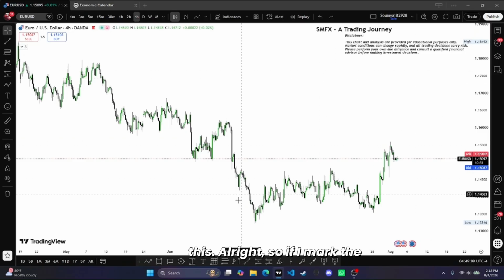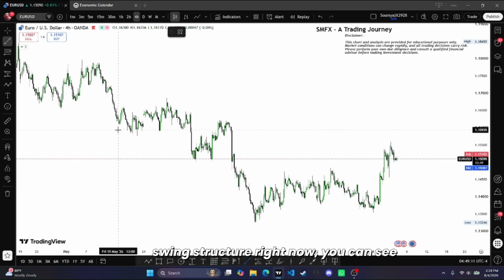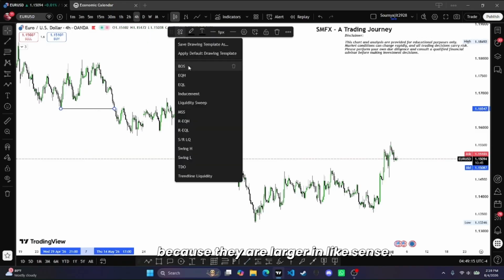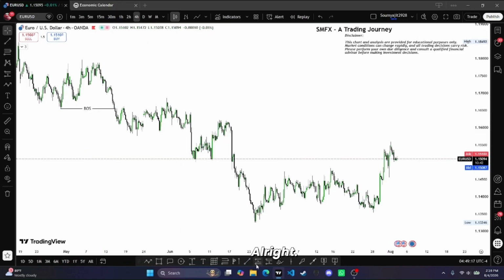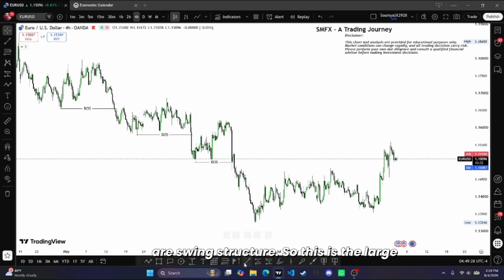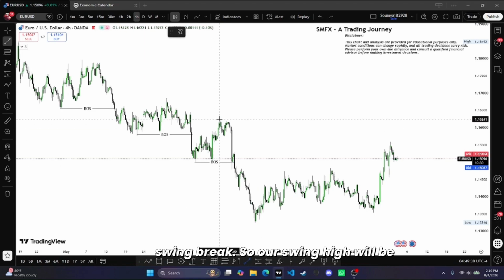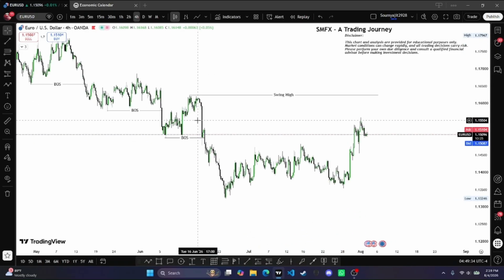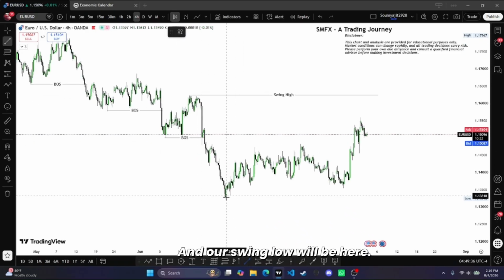So if I mark the swing structure right now, you can see that these are the swing structure because they are larger in sense. So they are larger structure, so they are swing structure. So this is the last swing break, so our swing high will be over here, and our swing low will be here.